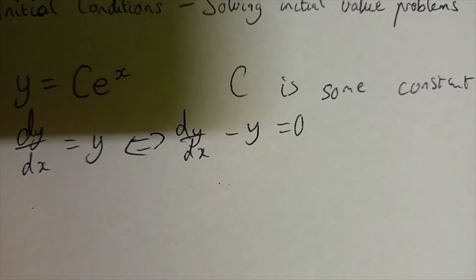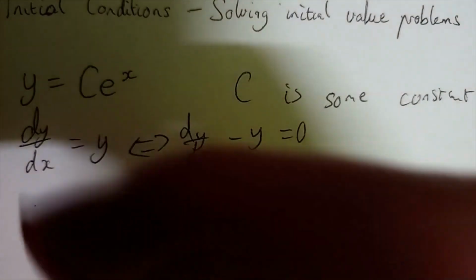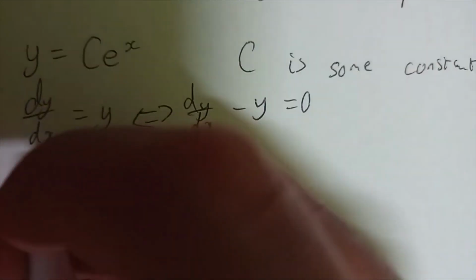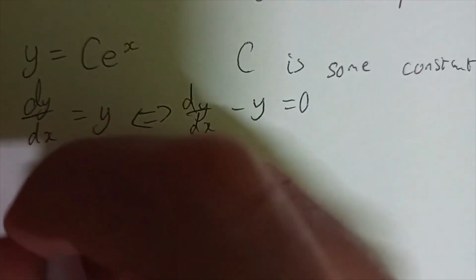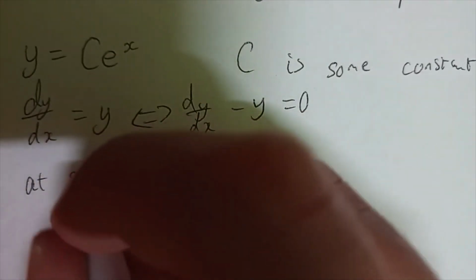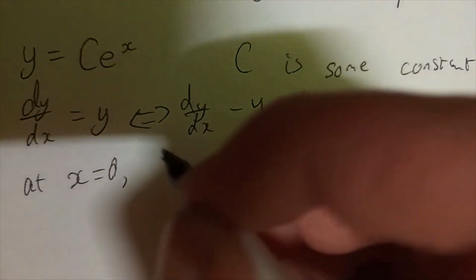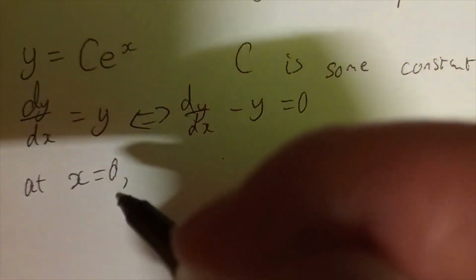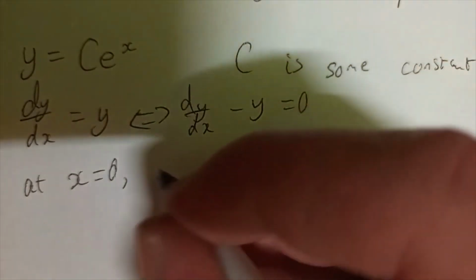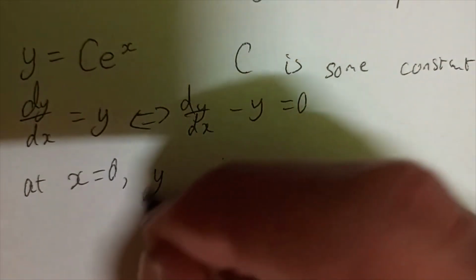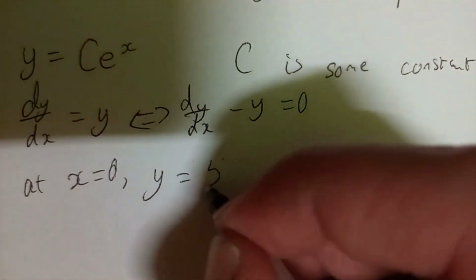If we are also given an initial condition, for example, at x equals 0, or any condition, it doesn't have to be initial, but some condition specifying a y value for a given x value. So at x equals 0, y equals, say, 5.